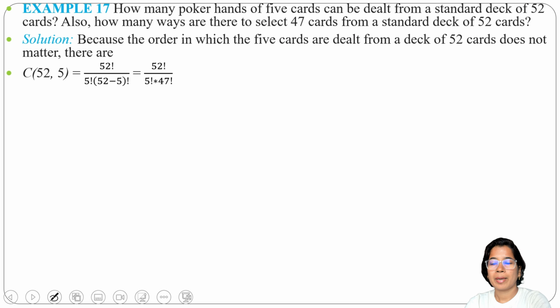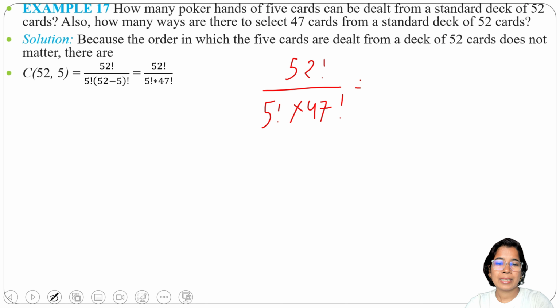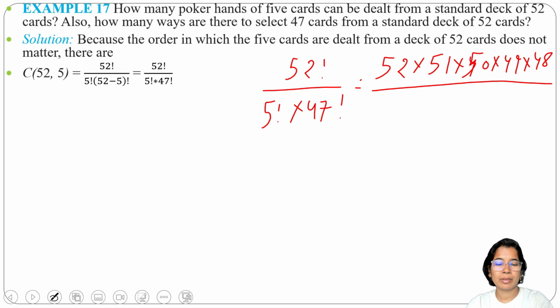C(52,5), combination of 52, 5, that is 52 factorial divided by 5 factorial multiplied by (52 minus 5) factorial. This 52 factorial you can write as 52 times 51 times 50 times 49 times 48 times 47 factorial, and this 47 factorial will be cancelled. Here you can write 5 times 4 times 3 times 2 times 1.